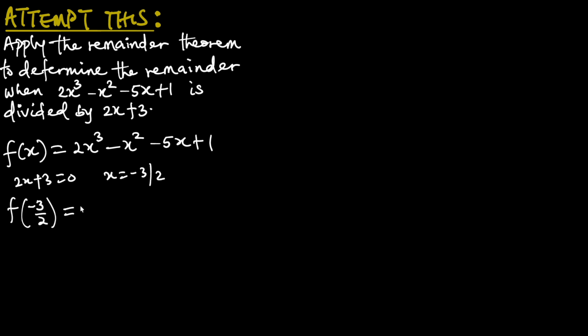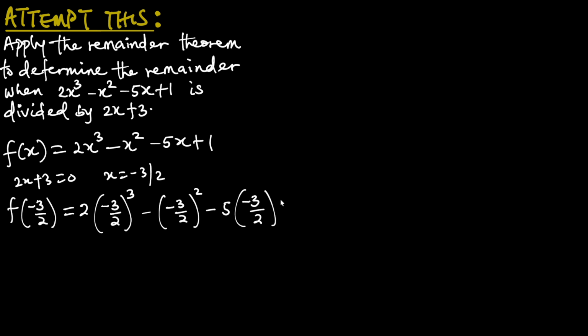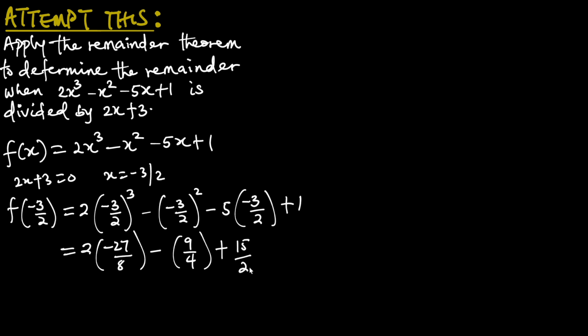And when you substitute that, you have 2 multiplied by negative 3 over 2 cubed, minus negative 3 over 2 squared, minus 5 times negative 3 over 2, then plus 1. So here we have 2 multiplying minus 27 over 8, minus 9 over 4, and minus multiplied by minus gives a plus, then you have 5 multiplied by 3, 15 divided by 2, plus 1.